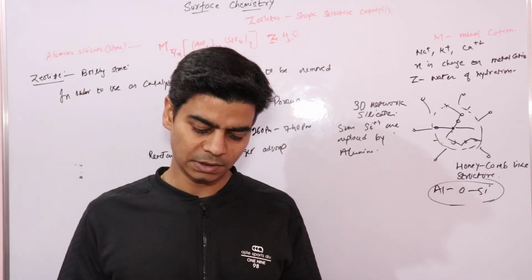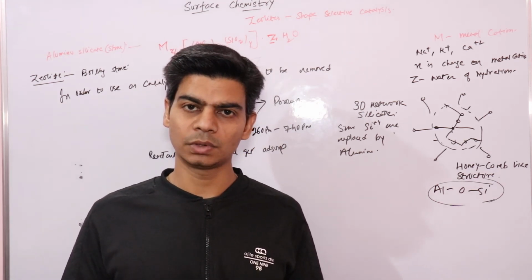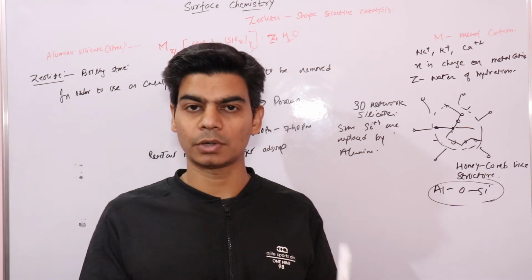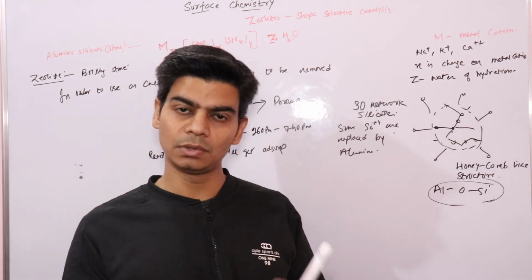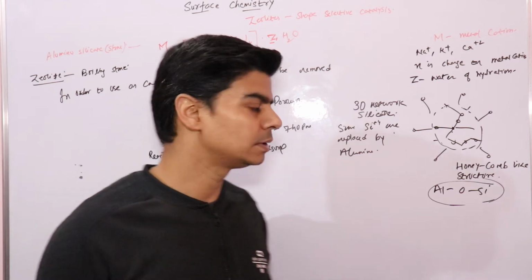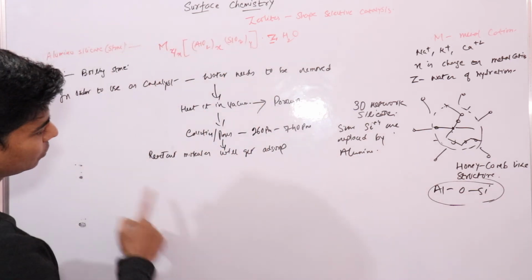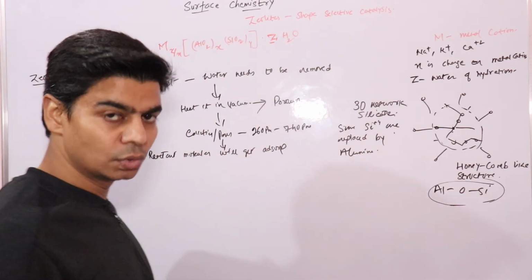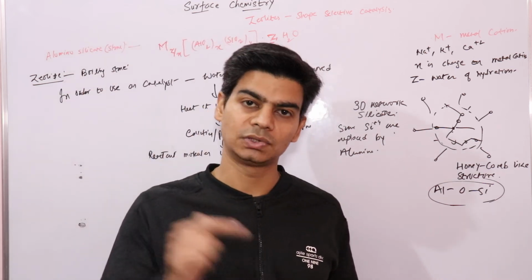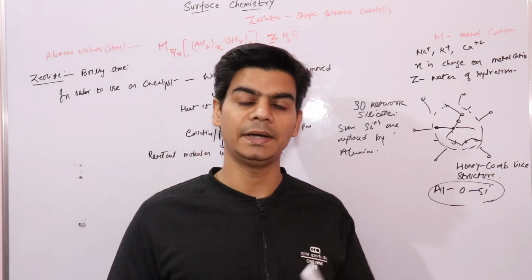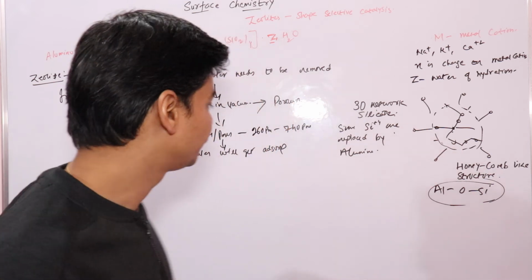Because when the reactant molecules enter these pores, they will react and form products, and the products should be able to leave the pores. So only those reactant molecules that can easily enter and leave the pores will get adsorbed.